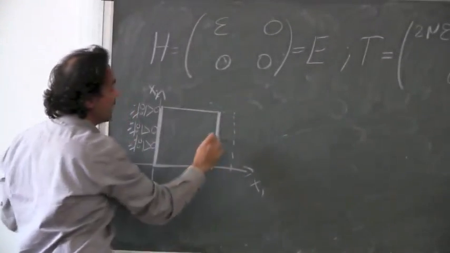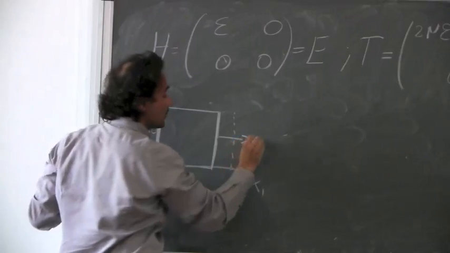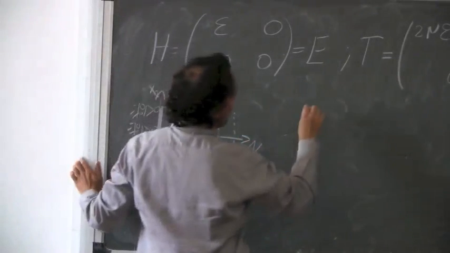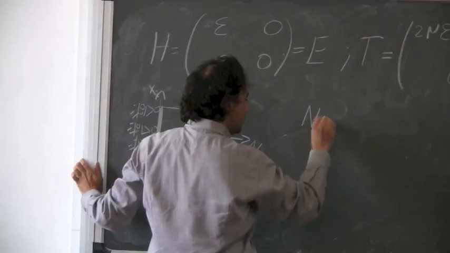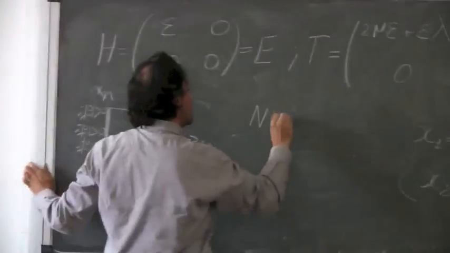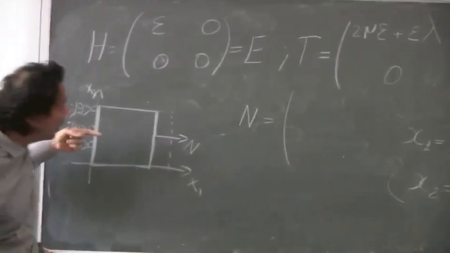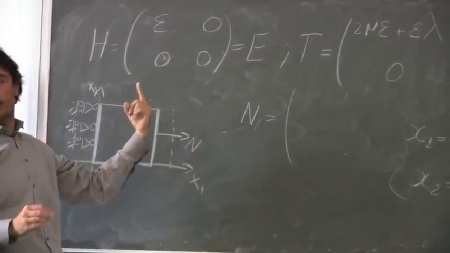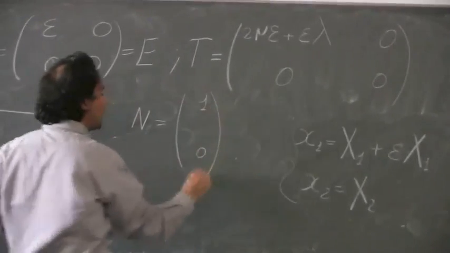We can see that in this surface, the normal vector is this one. This normal vector has only a component in the x1 direction and 0 component in the y direction. That means that in the x direction the component is 1 and in the y direction the component is 0.